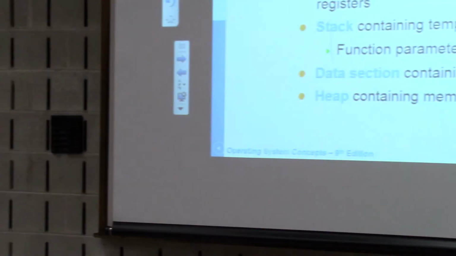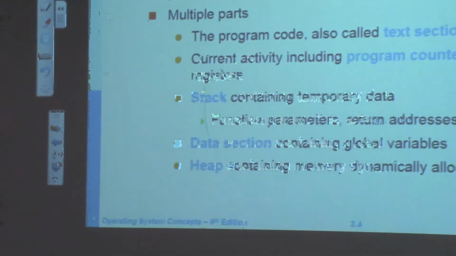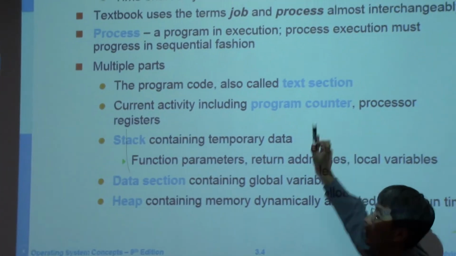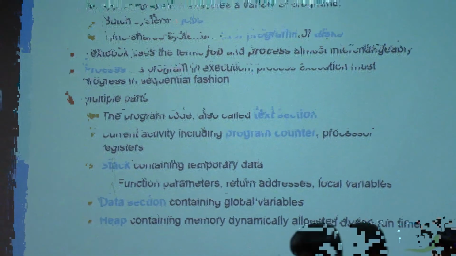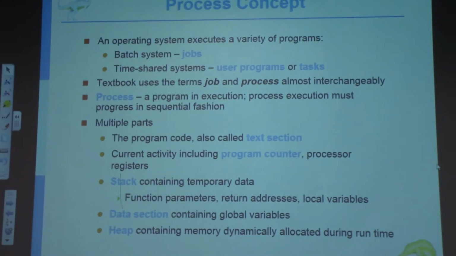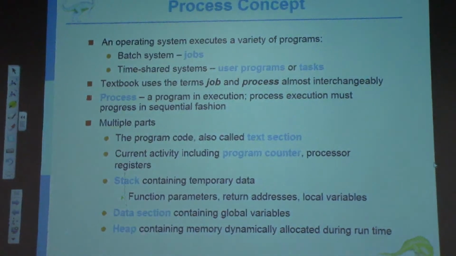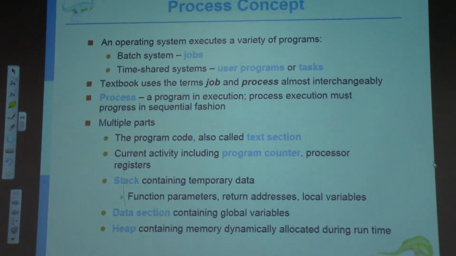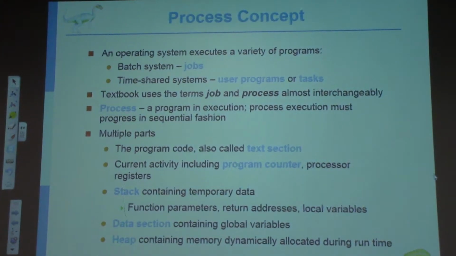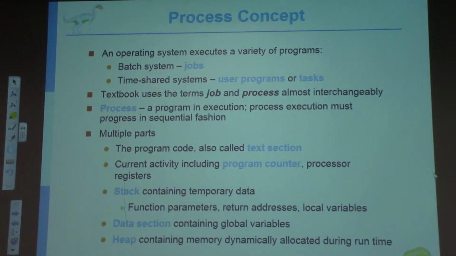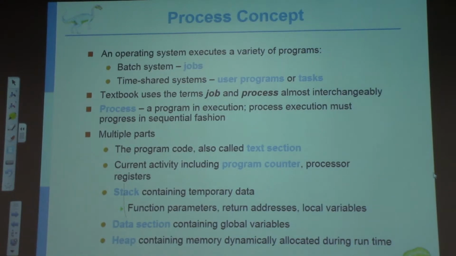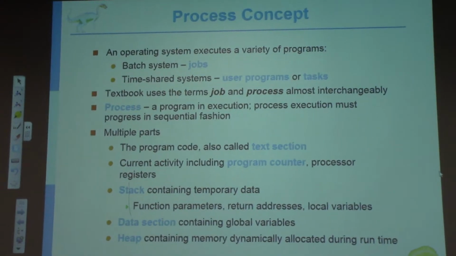So mainly it consists of the text area, and that part includes the program counter. Program counter means this part will be accessed by the CPU. You have the CPU and you have the register. A register is a kind of storage. What kind of storage? Not disk storage.